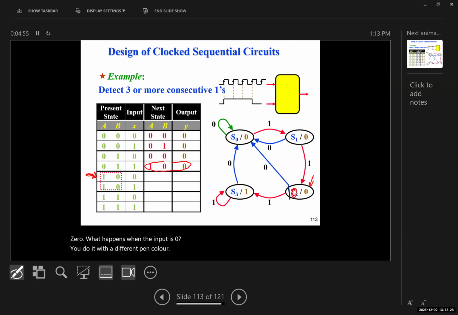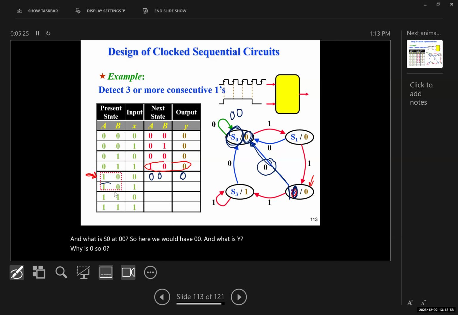So we are at this point, 1, 0, and the input changes to 0. What is the next state? And what is S0? It's 0, 0. So here we would have 0, 0. And what is Y? Y is also 0. Okay.